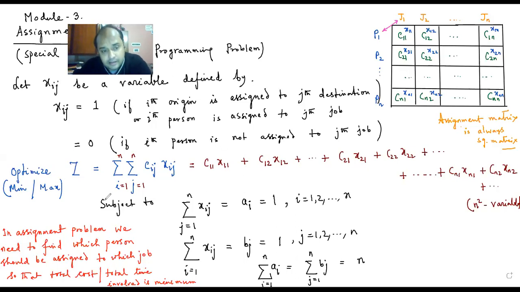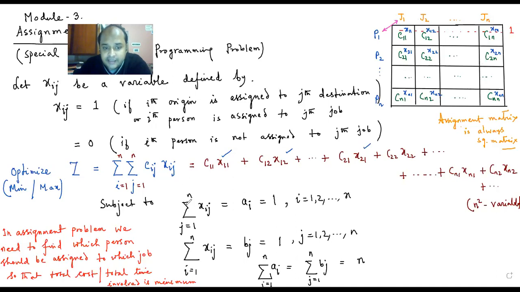The mathematical model of the assignment problem is saying that we try to fix the values of these variables X11, X12, X21 and so on in such a manner that if I add them row wise, the total must come to 1.